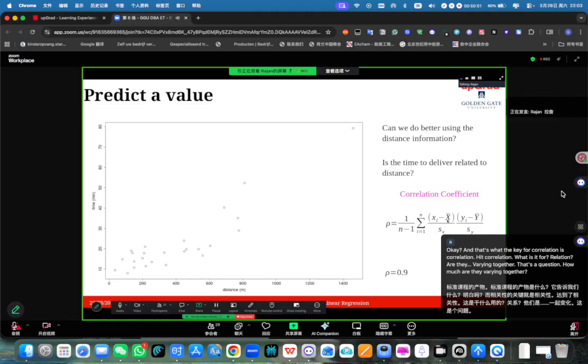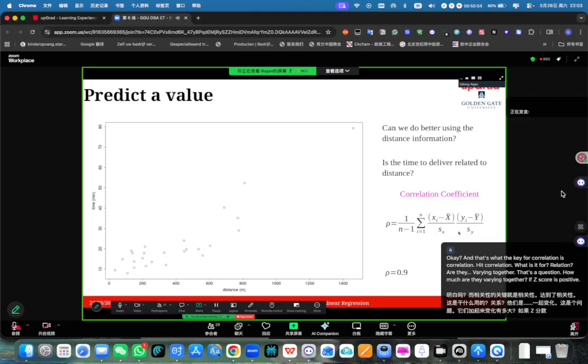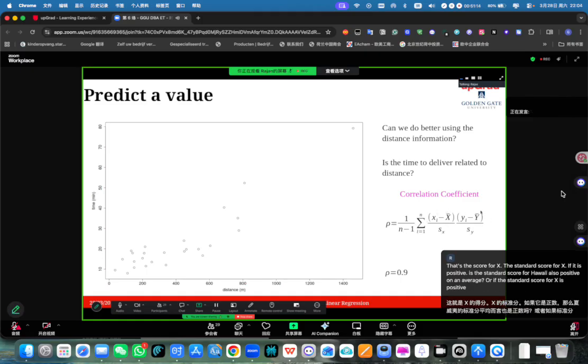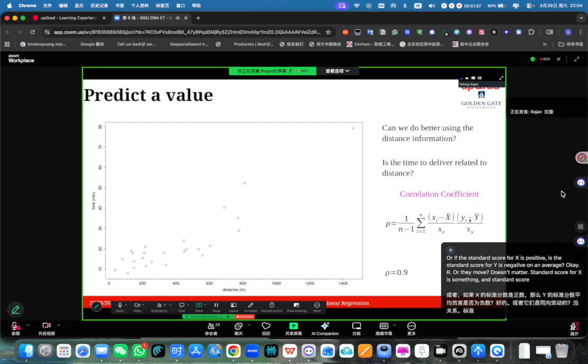If the standard score for x is positive, is the standard score for y also positive on an average? Or if the standard score for x is positive, is the standard score for y negative on an average? Or they move, it doesn't matter. Standard score for x is something and standard score for y, I cannot predict.